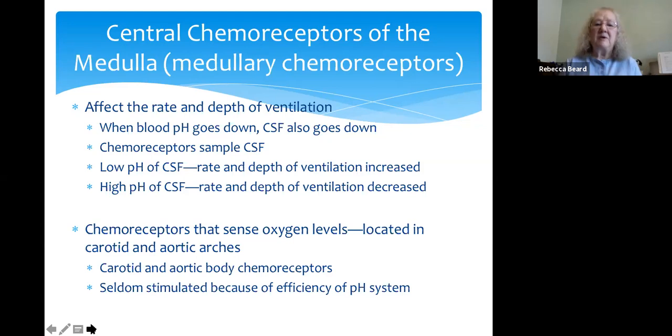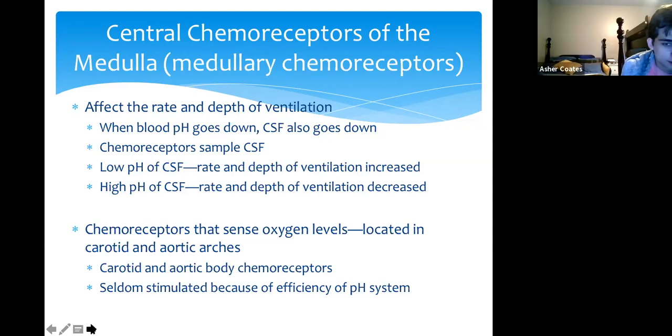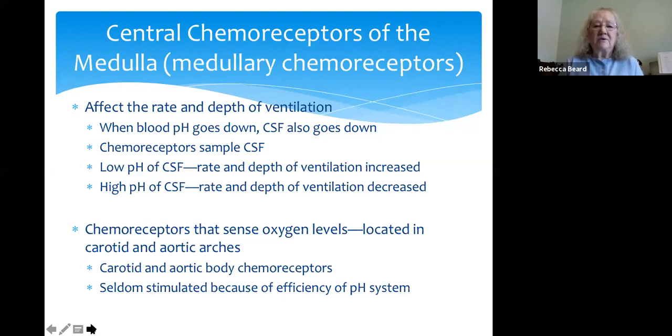So when the blood pH goes down, CSF, what is CSF? Cerebrospinal fluid. Right. So when the blood pH goes down, the CSF also goes down. And the chemoreceptors are going to be sampling the CSF and doing like a test on it to see what the pH is.